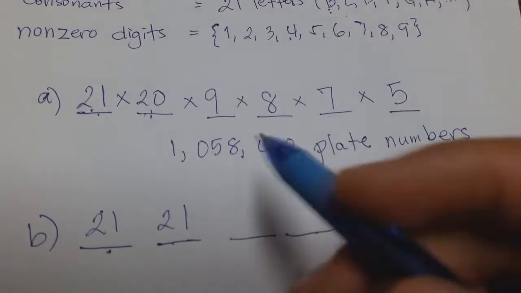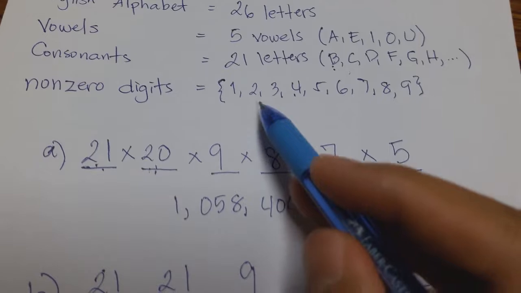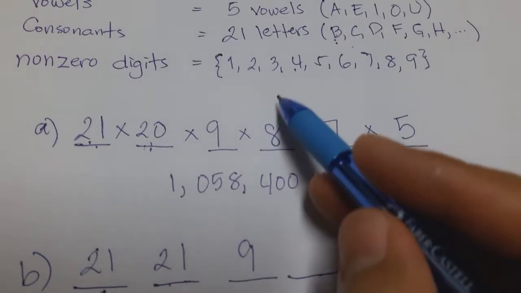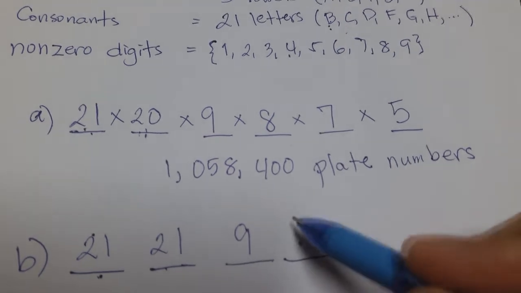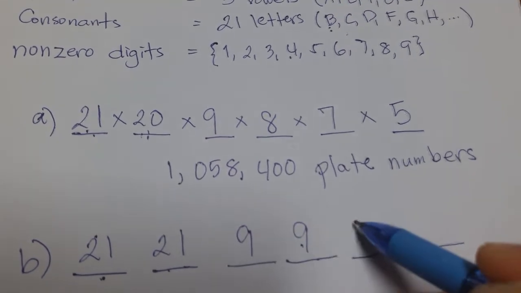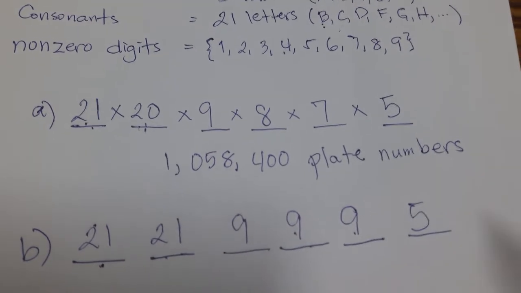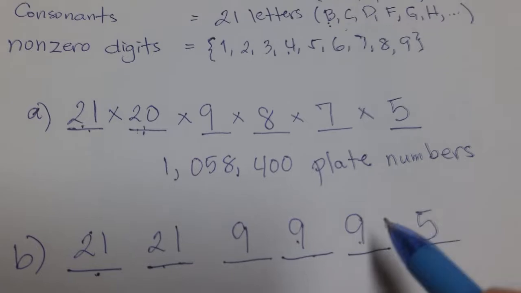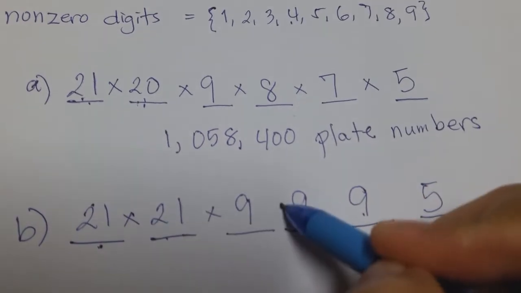The same in digits or non-zero digits. If I use number 2 for the first line, I can also use 2 for the second or the third line. So I still have 9 options, and then 5 options, always 5 for the vowels because there's only 1. And then multiply.